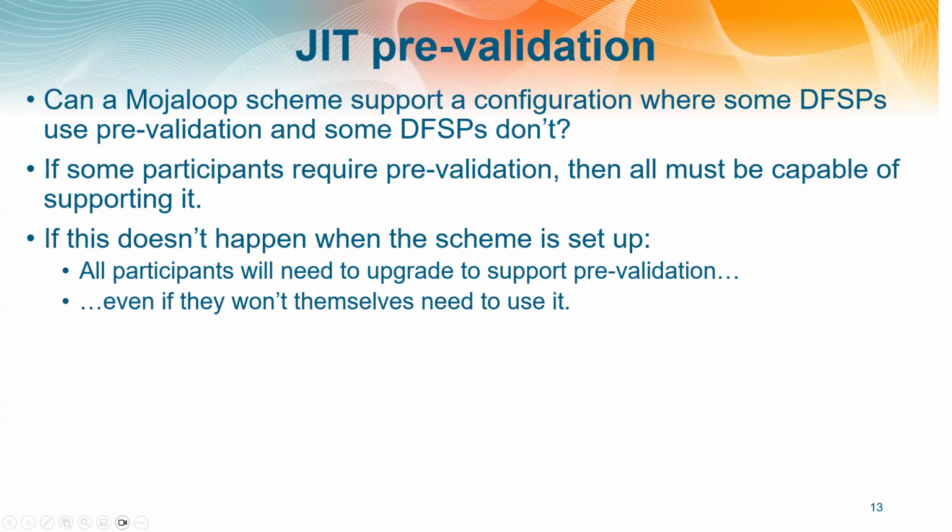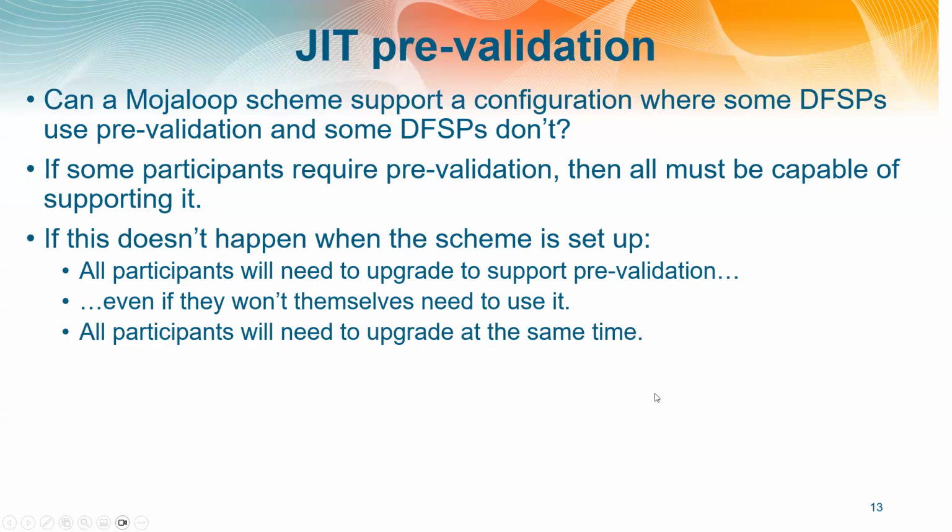Again, go back to the example where large institutions want to do cross-border payments, small institutions might not. The small institutions now have to install pre-validation in any case, because if some people are using pre-validation, everybody needs to. And finally, all the participants will need to upgrade at the same time, because, as we've said, if some participants require pre-validation, all must be able to support it.